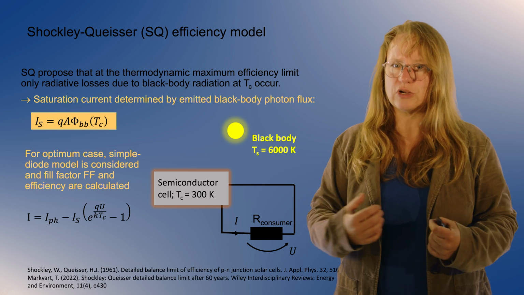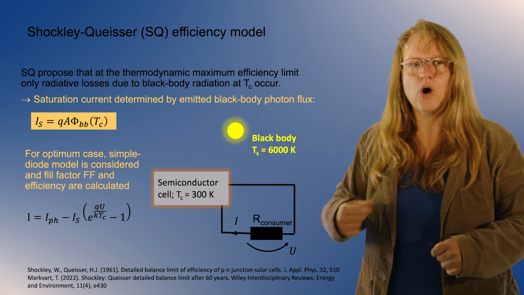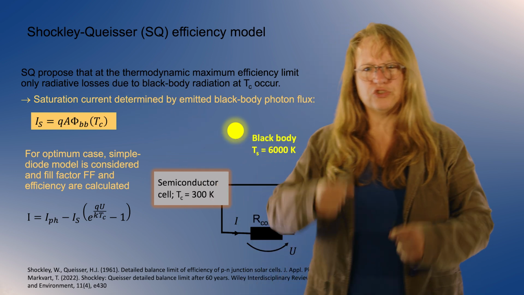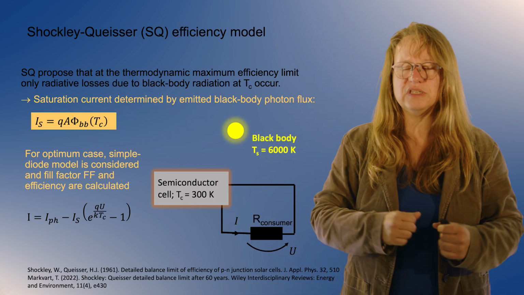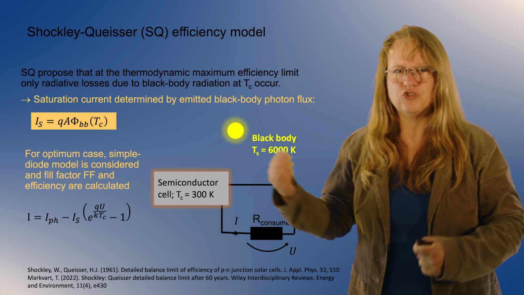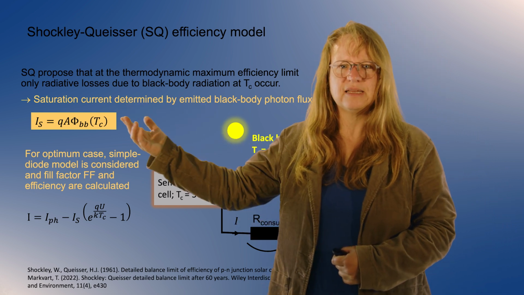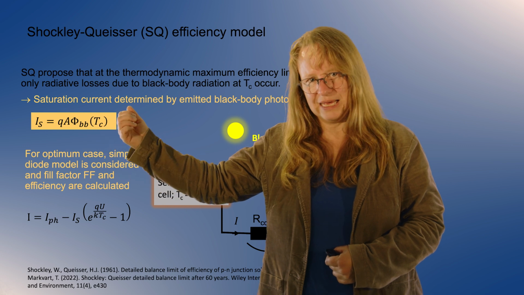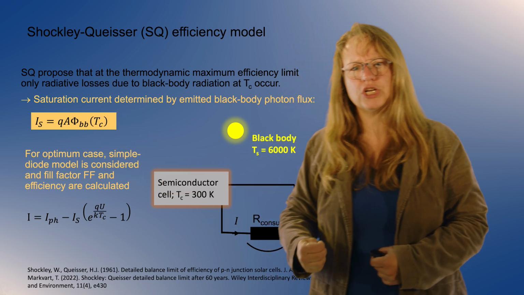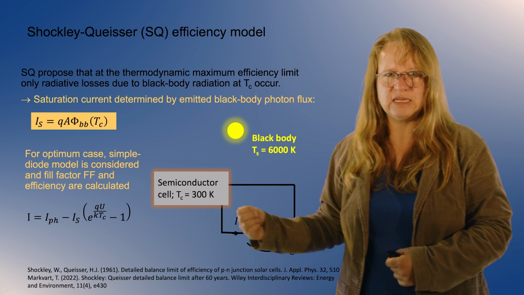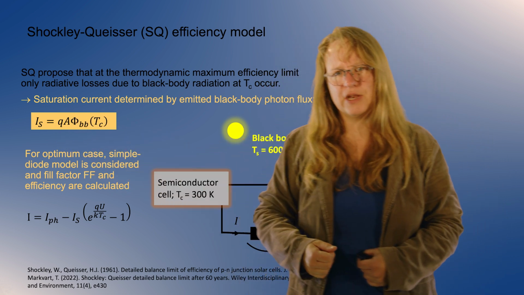And what Shockley and Queisser said is that in the best scenario, where we only have radiative losses due to electron and hole recombination and no other losses need to be considered, the saturation current can be calculated as the radiative flux at the temperature Tc due to the cell temperature, multiplied with the area, multiplied with the elementary charge.